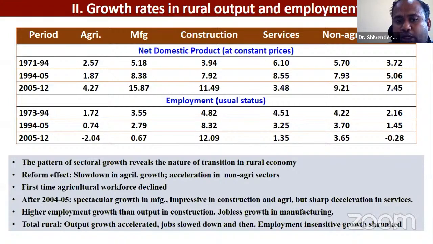A few more important insights you can see. Manufacturing industry growth has increased at a significantly higher rate, like 5%, then 8%, and then 15% per annum between 2004-5 and 2011-12. So we can see a lot of improvement in manufacturing output. But if you see the employment, it is decelerating over a period of time.